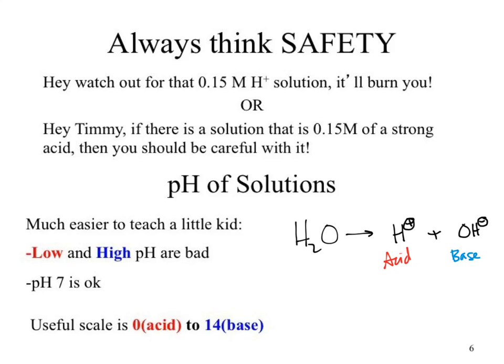Well, opposite of bad, we need a range that's good. What's our good range? 7. 7 is absolutely neutral, and our 6 to 8 range is stuff that we work with nearly every day that we're probably eating and consuming. So in that range, if we see a solution that says pH 6.5, probably not that dangerous, at least as far as our acid-base chemistry goes. So that helps us out as far as simplifying and educating people about safety.